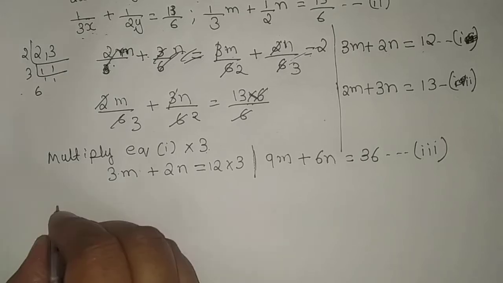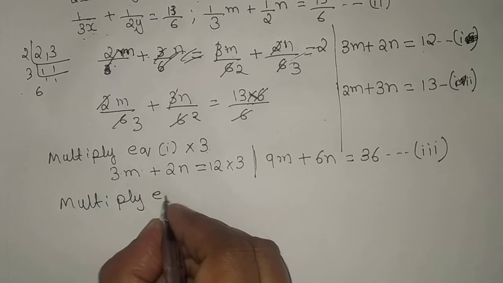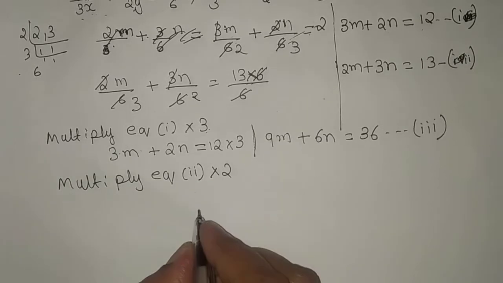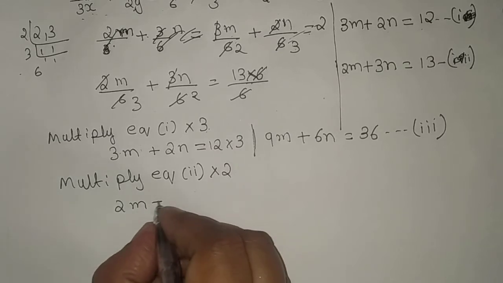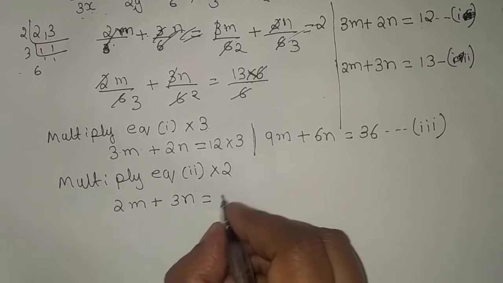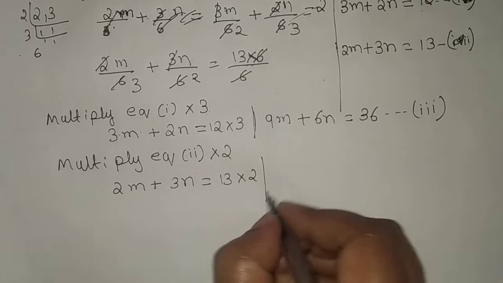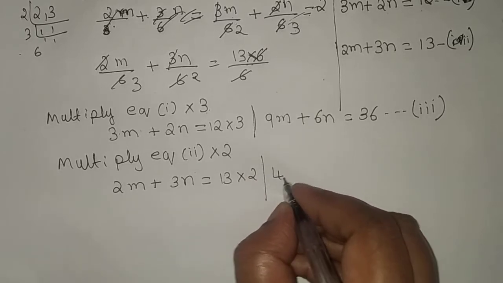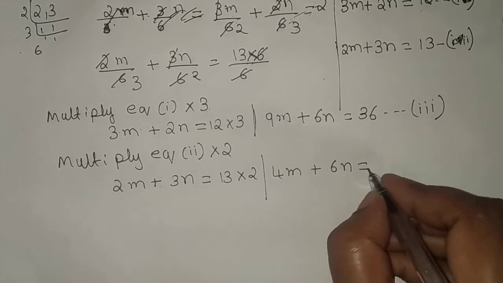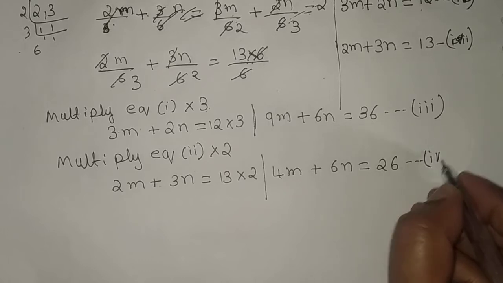After this, one more step: multiply equation 2 by 2. Take equation 2, 2m plus 3n is equal to 13, times 2, which becomes 4m plus 6n is equal to 26. This is the fourth equation.